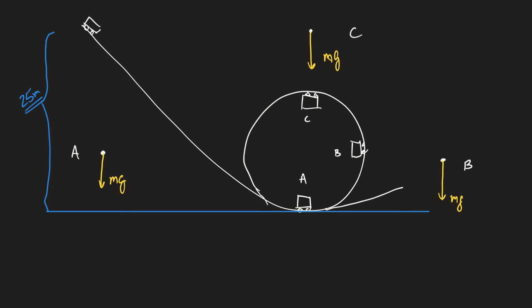However, the unbalanced force has to be towards the center. If I want there to be a change in the direction of motion, then the net force has to be unbalanced, and it has to be unbalanced to cause a circular motion, which means at A, the normal force should be upwards and should be greater than the weight. It's not accidental, it has to be this way.